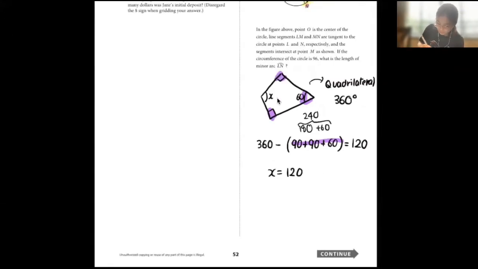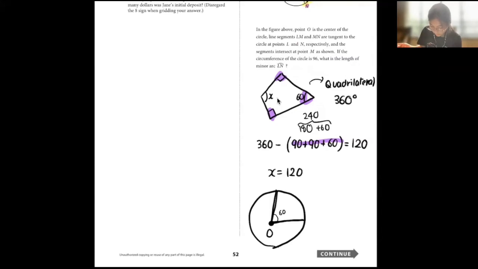So another thing you should keep in mind is that, oh, that is a terrible circle. Whenever you have these lengths from the center of the circle, so make this O, whatever is here, which is called the arc measure, so the angle, right?